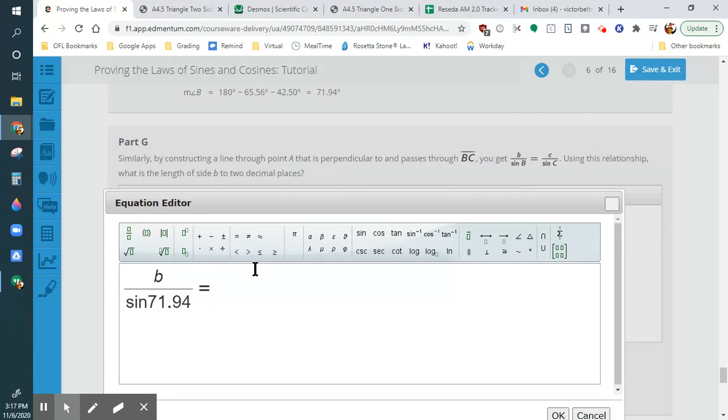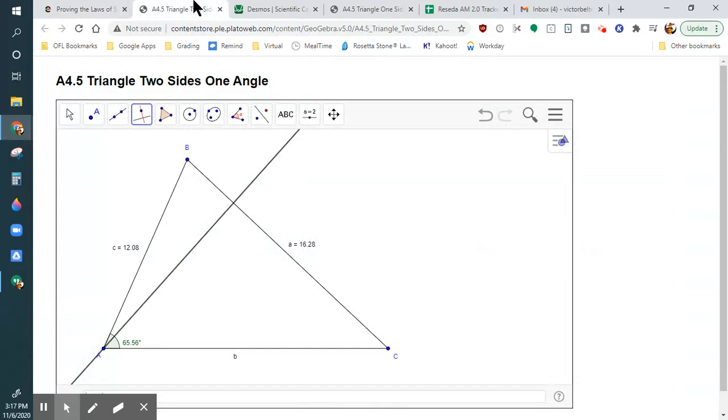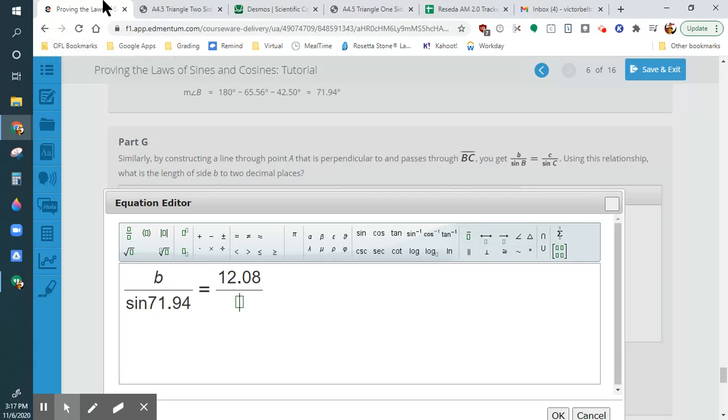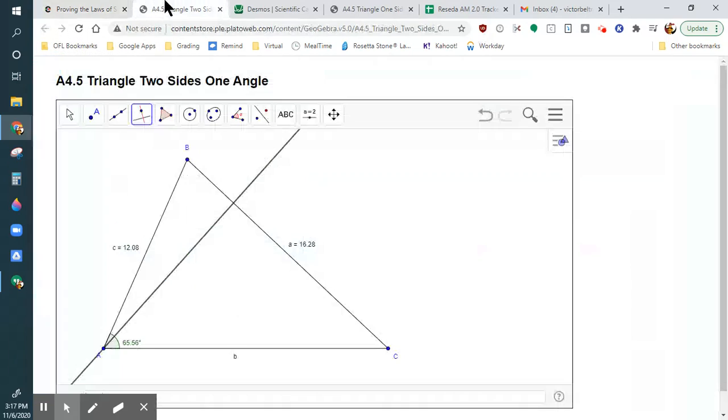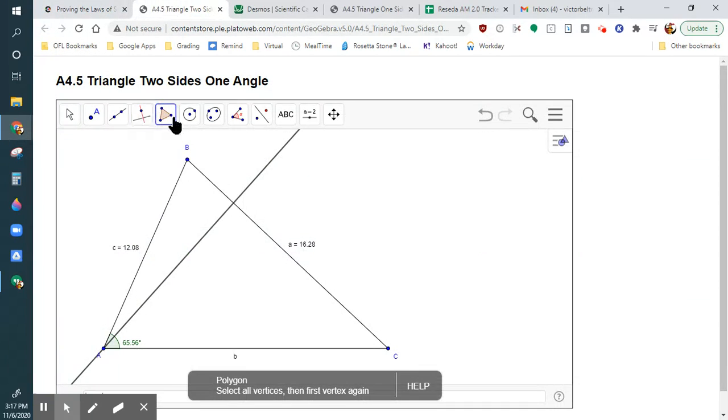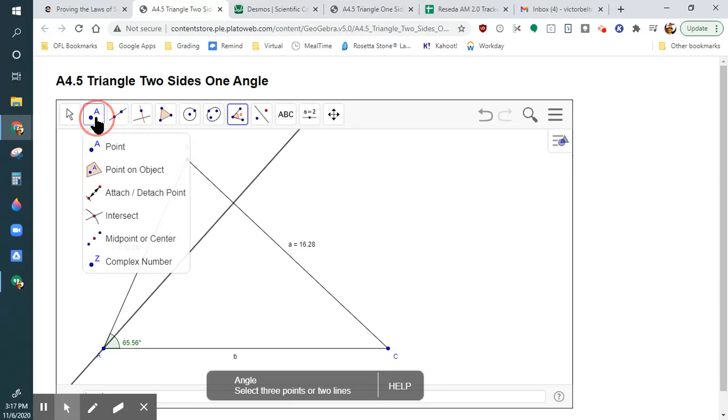Their little c is 12.08, and their sine of c, so they don't give us our angle c. So I guess I was right. Edmentum doesn't provide all of the information when they need it. We need to go counterclockwise.